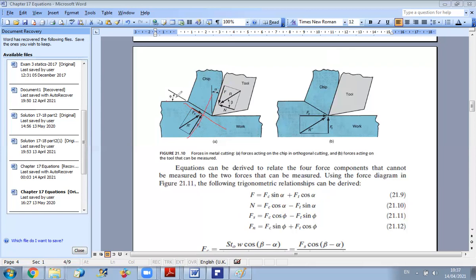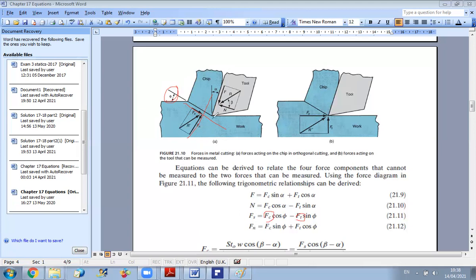Now the angle involved will be phi. Your purpose is to express Fs and Fn as functions of Fc and Ft, so now you will project forces Fc and Ft along Fs and Fn.